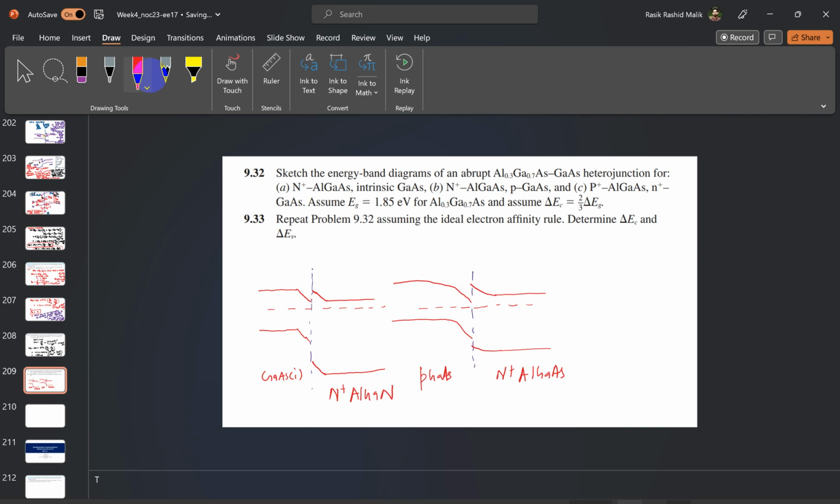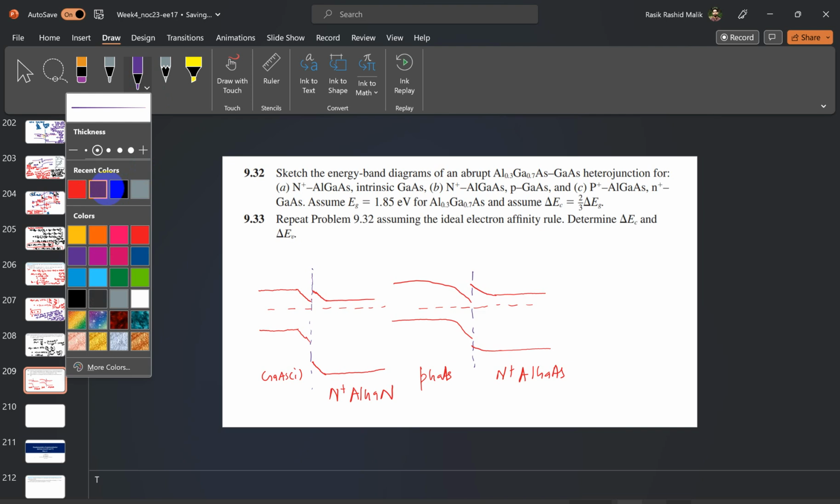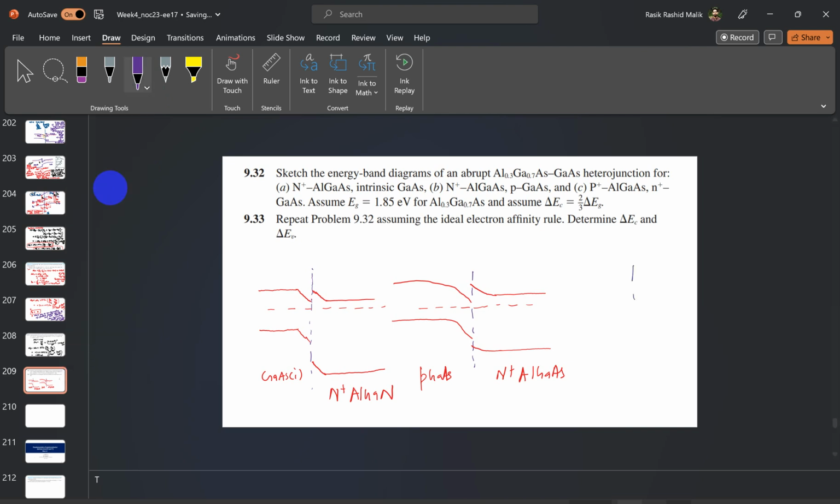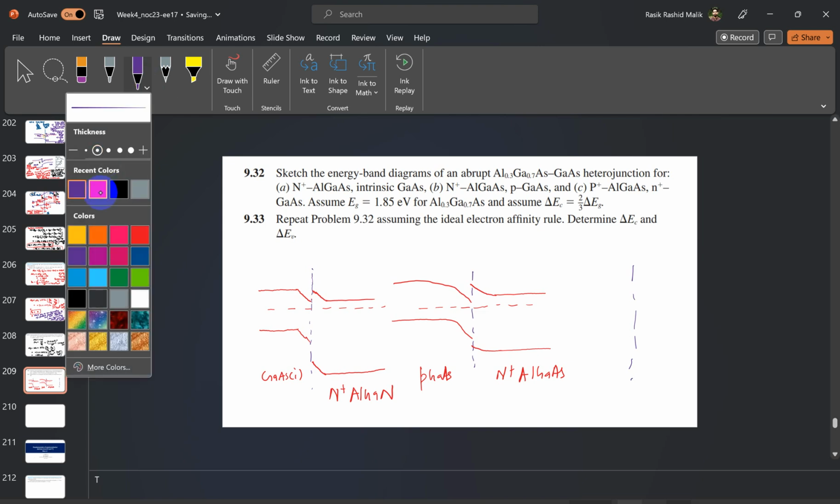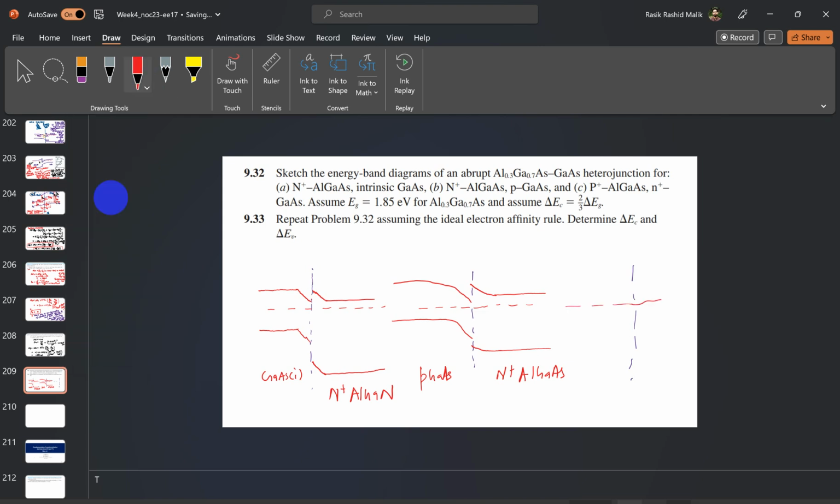Here there will be a reversal, because now we have the P type aluminum gallium arsenide. This is my Fermi level, and now we have the P type, and near the interface it will be less P type. So this is my wider band gap material.